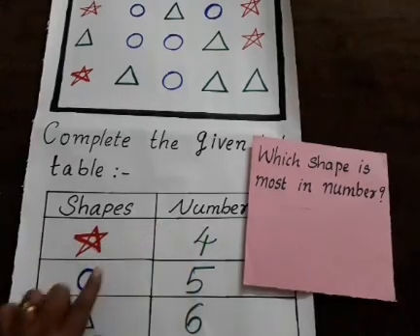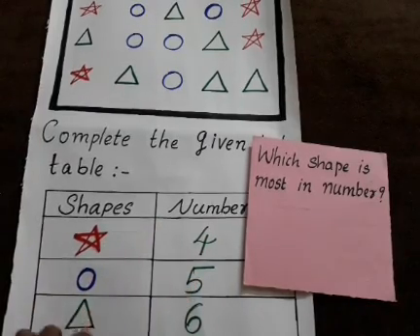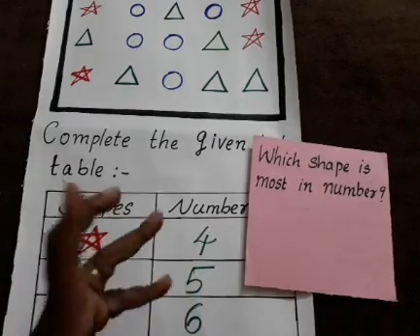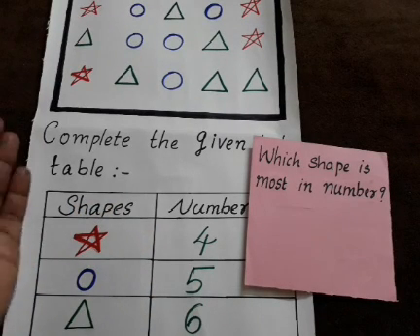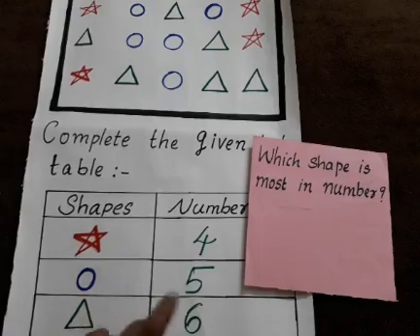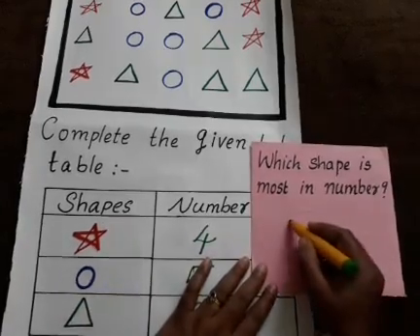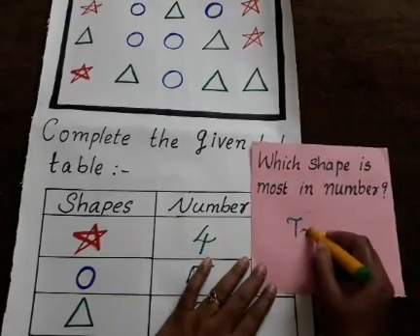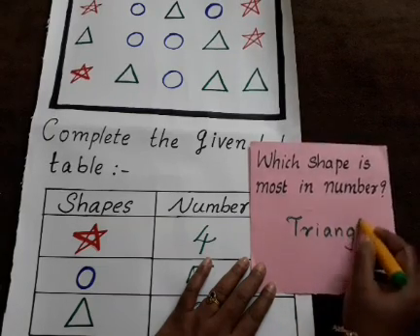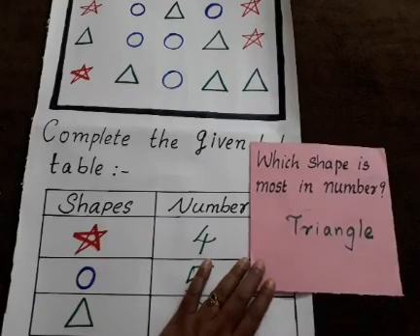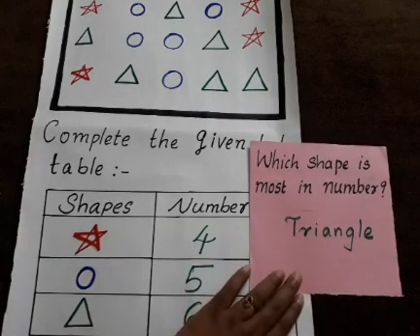Star 4, circle 5, triangle 6. Then tell me which shape is more in number? Yes, triangle is more in number. So we can write triangle. Which shape is more in number? It is triangle.